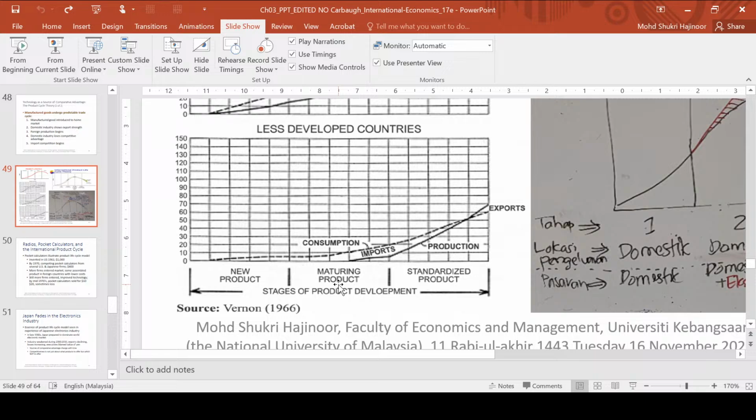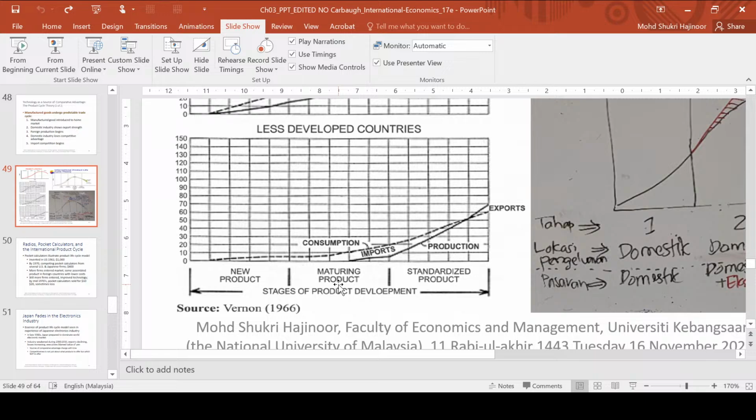So maturing, yes, I better stick to this one. Standardized product. When the product becomes standardized, that maturity, that technology has become public knowledge. So I should emphasize this rather than maturing.